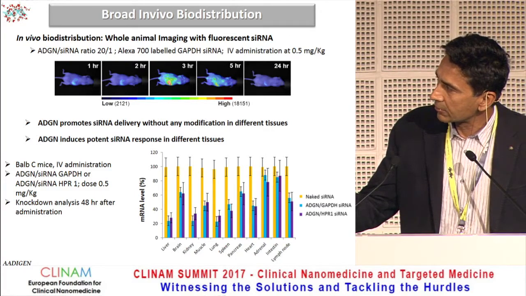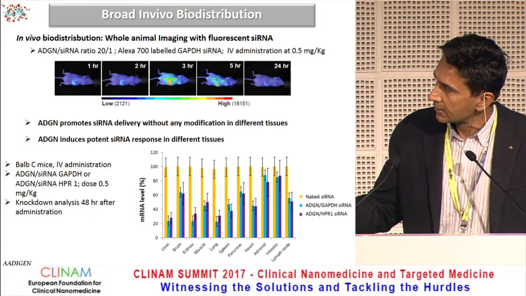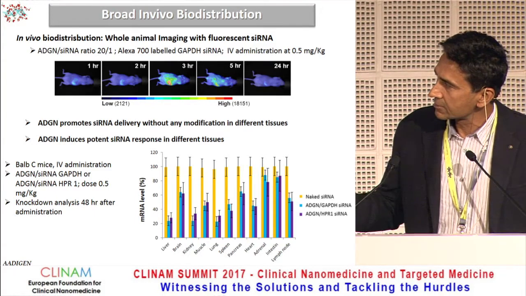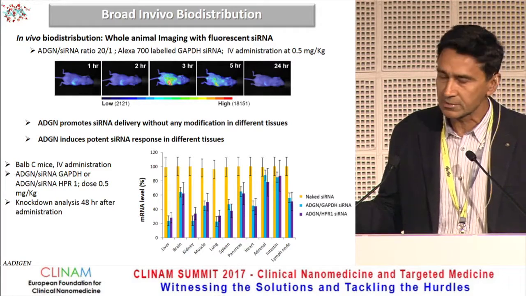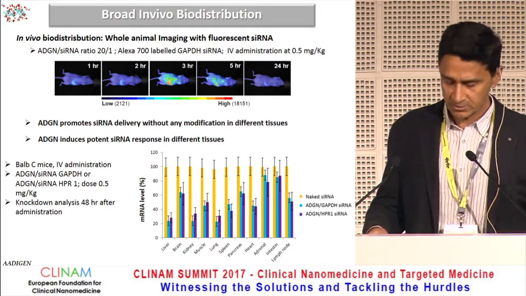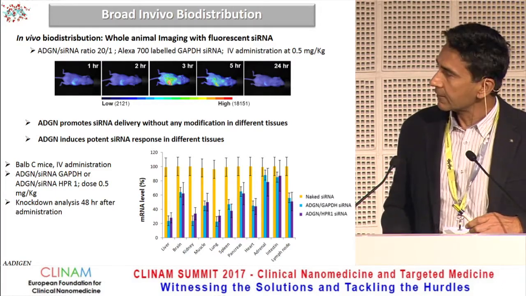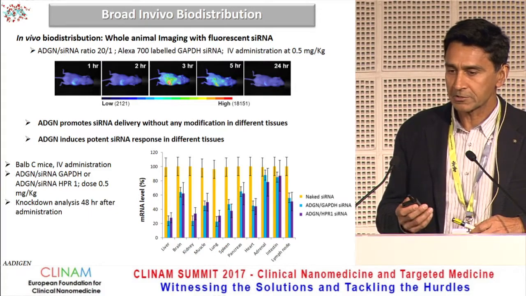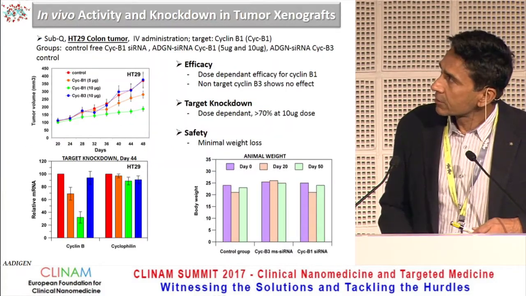You have knockdown in the liver, of course, but you can also get knockdown in the brain to about 40%, kidney, muscle, and lung. So there's a broad distribution, and it's not all going to the liver, which is an important consideration depending on the application.